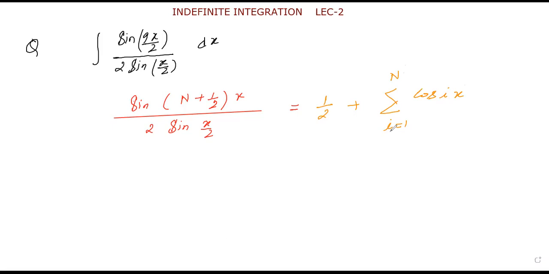This is a very famous identity and it is known as the Dirichlet kernel.